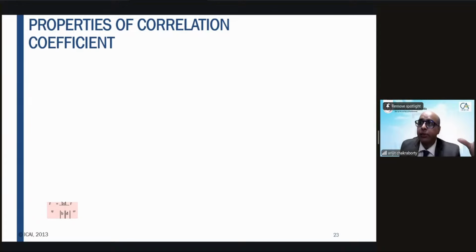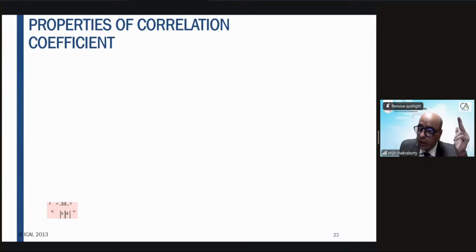Say a particular correlation figure is given, say plus 0.65. Is it positive correlation? Is it negative correlation? If it is positive, is it a strong positive correlation, or a weak positive correlation?